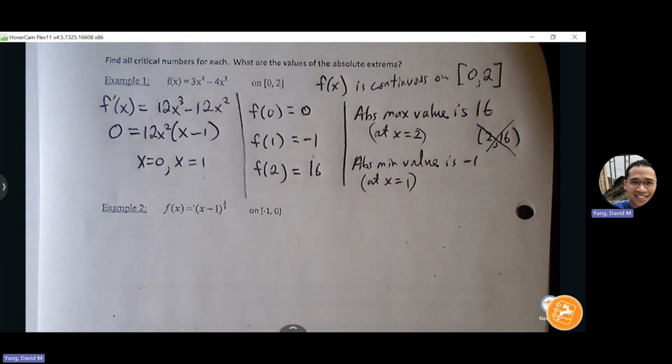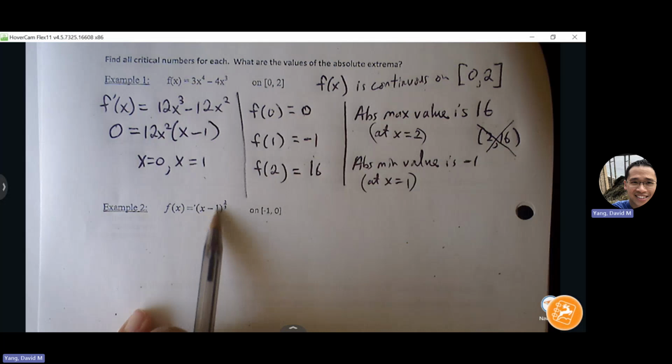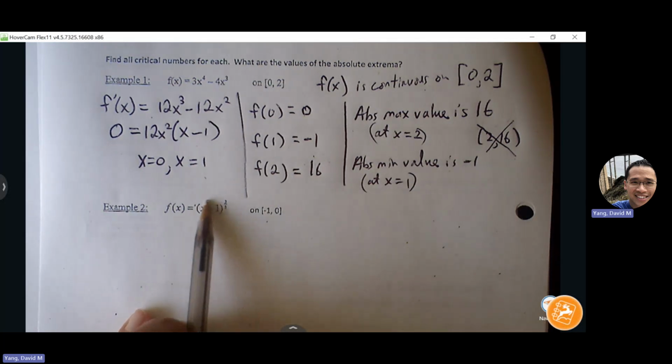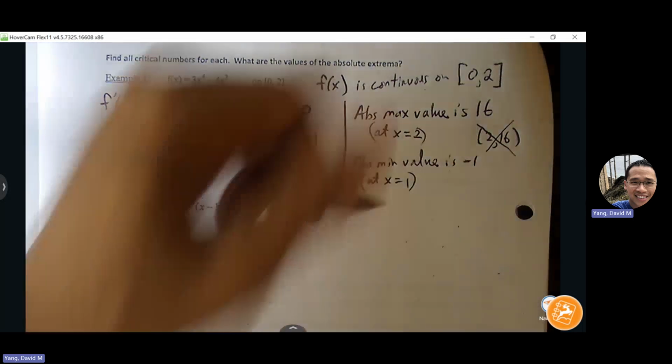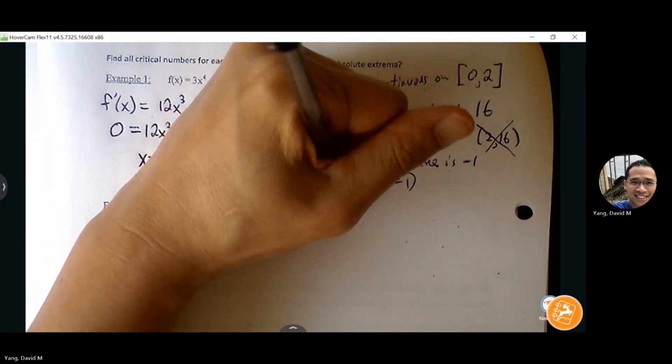All right, our function is x minus 1 to the 2/3. Is there any issue between negative 1 and 0? Normally, there may be issues if that root was an even root, but this is an odd root, so any negative number is not going to cause any issue. Our function is continuous on the closed interval, so we're safe there.